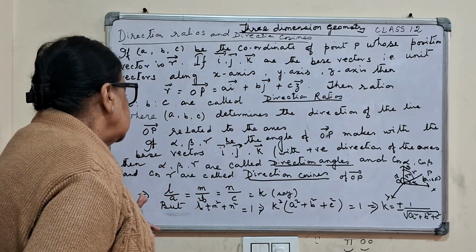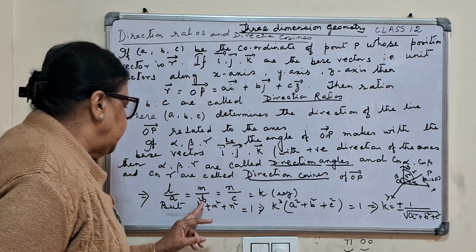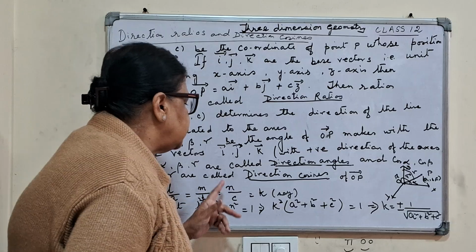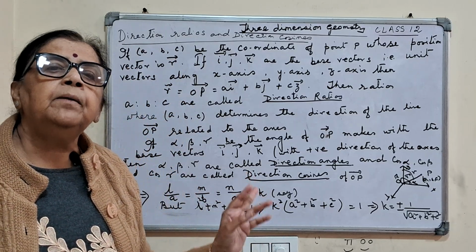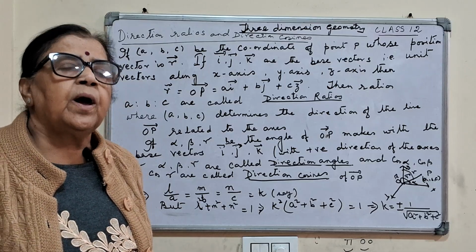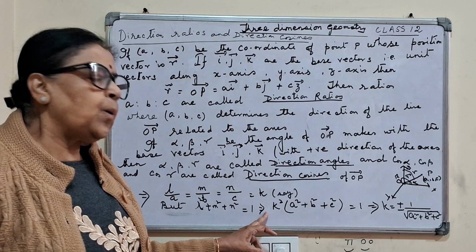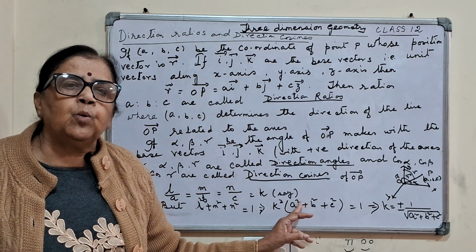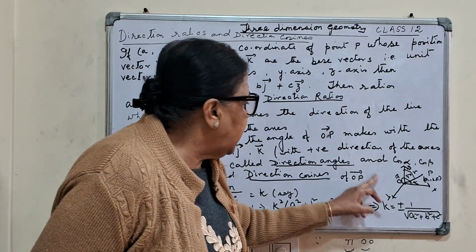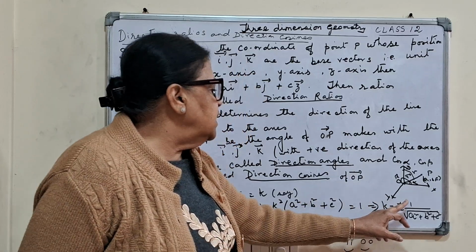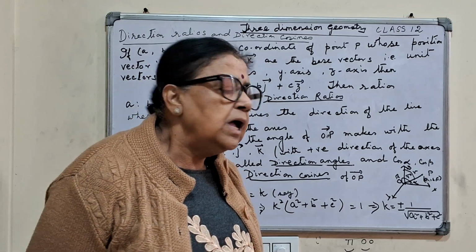That means L is equal to AK, M is equal to BK, and N is equal to CK. But we know L square plus M square plus N square is equal to 1. We have already studied that. That is K square into A square plus B square plus C square is equal to 1. That is K is equal to plus minus 1 upon root over A square plus B square plus C square.